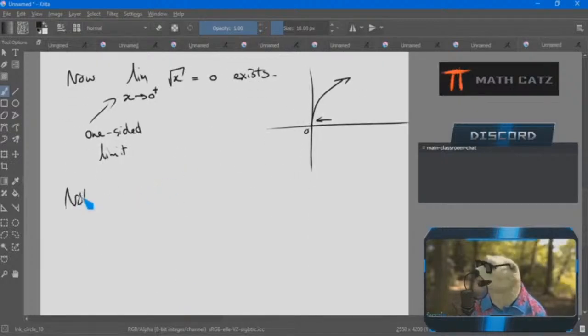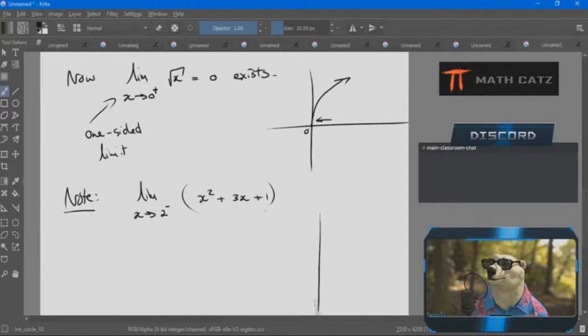let me just note something else, that I could still ask, I don't have to have a problem on one side. I could still take the limit as x approaches 2 from the left of x squared plus 3x plus 1. Now, I just randomly made up that quadratic function. I don't know what that looks like. Maybe over here somewhere.